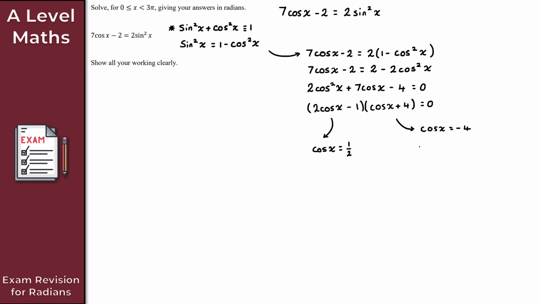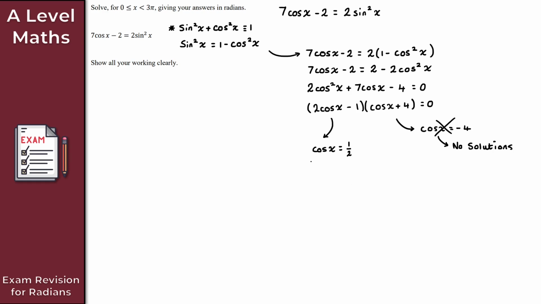Now hopefully you recognize straight away that this trigonometric equation has no solutions. So no solutions here. Let's just make a note of that. I'll just cross it off so it doesn't cause confusion. Now for this trigonometric equation, this does indeed have solutions. So what I'm going to do here is use a CAST diagram.